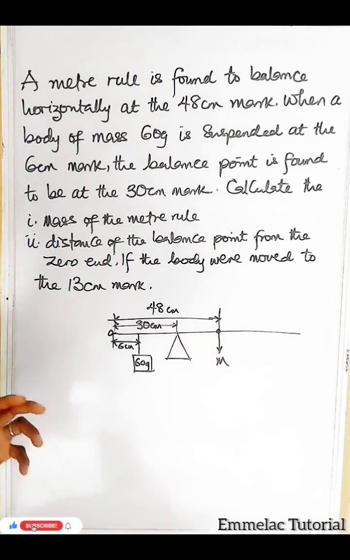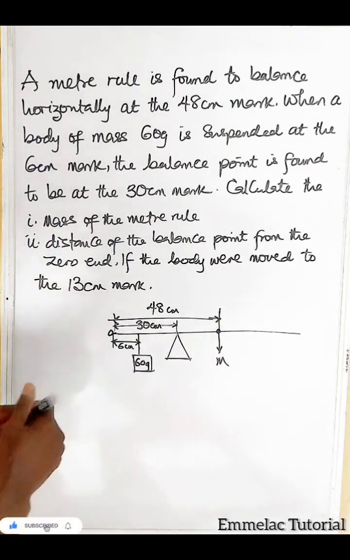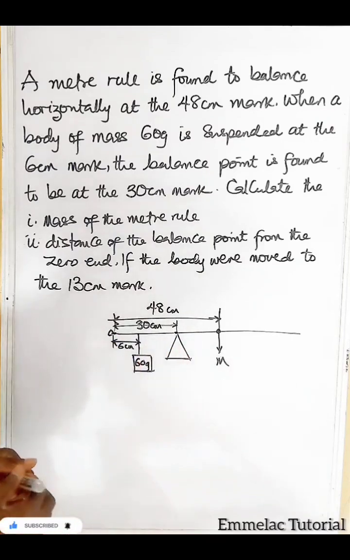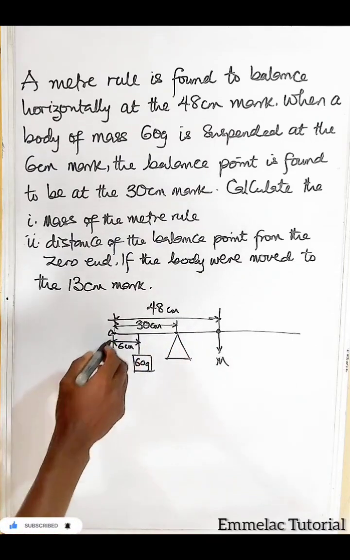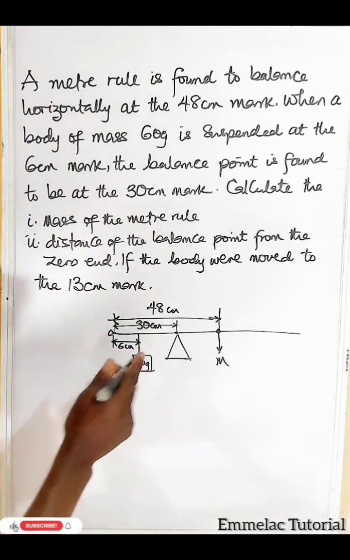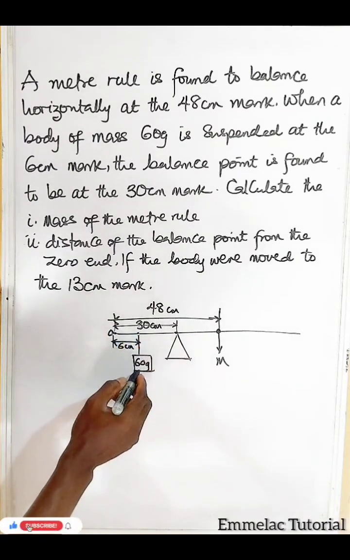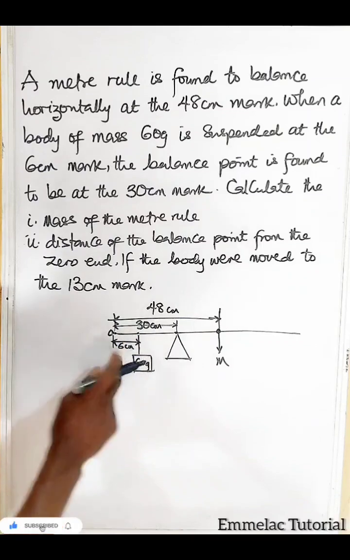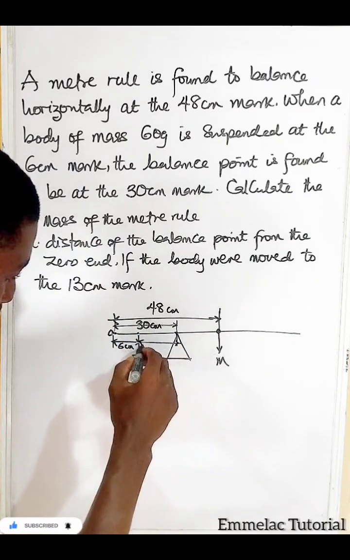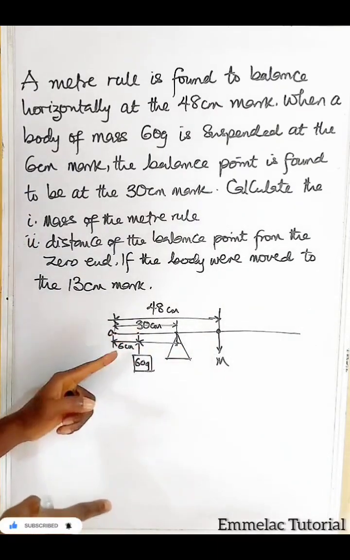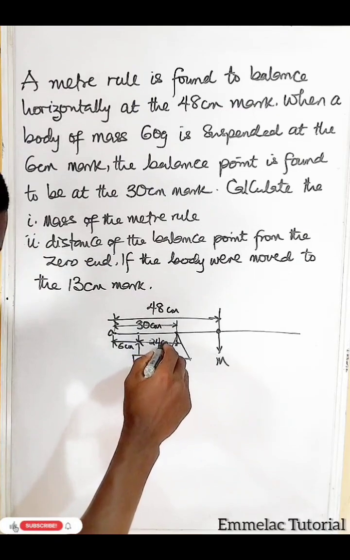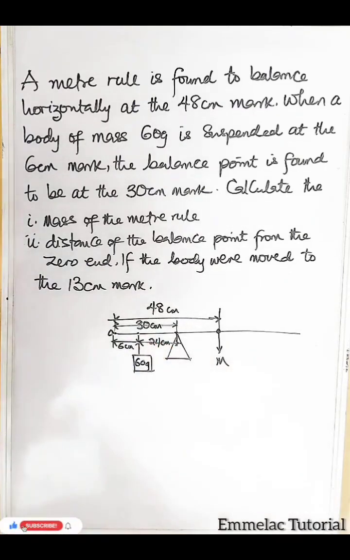Now let us calculate the distance. Take note, if from 0 to the pivot is 30, and from 0 to where the 60 gram mass is hung is 6, definitely the remaining part here will be 30 minus 6, which will give us 24.